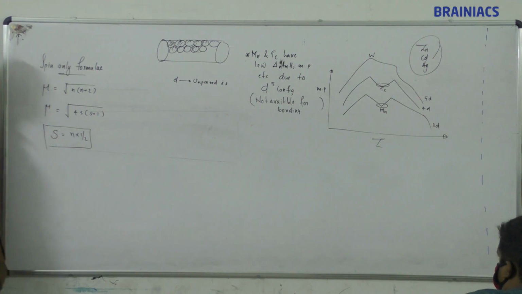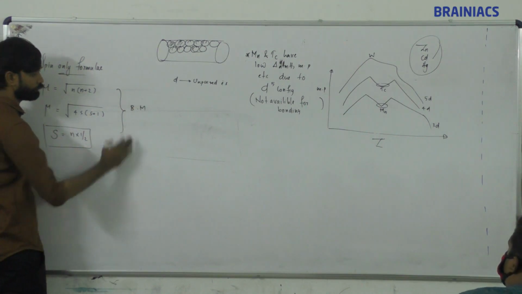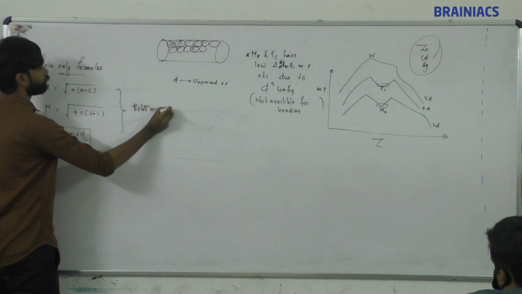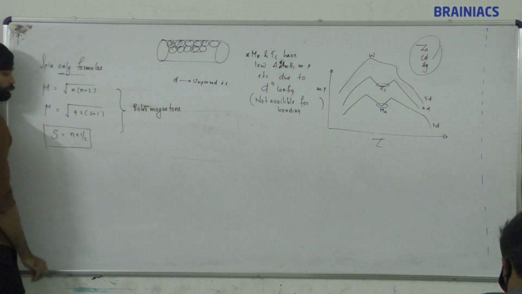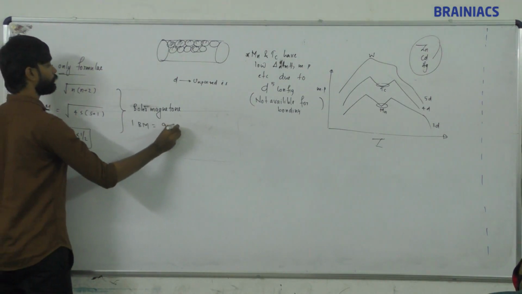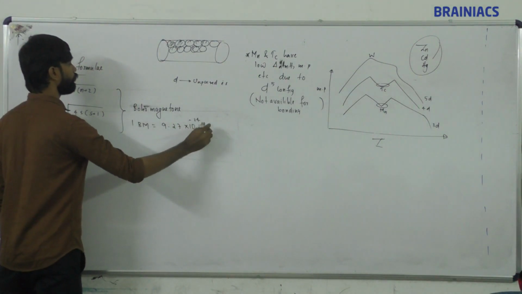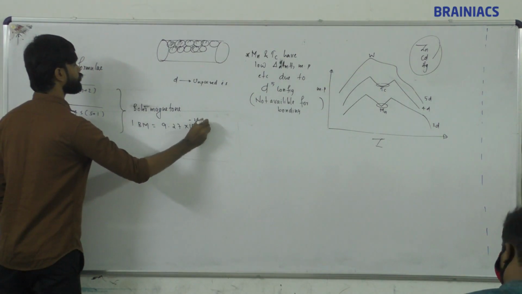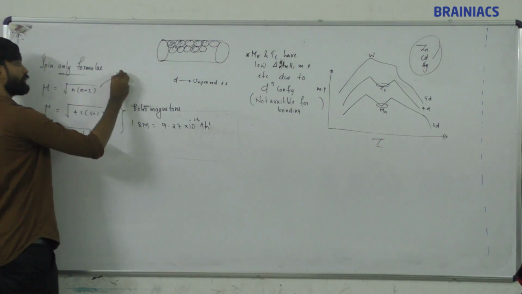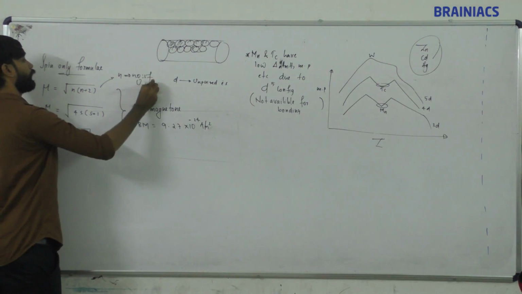The unit is Bohr magneton. One Bohr magneton is actually 9.27 into 10 to the power minus 24 ampere meter square. Here n is the number of unpaired electrons.